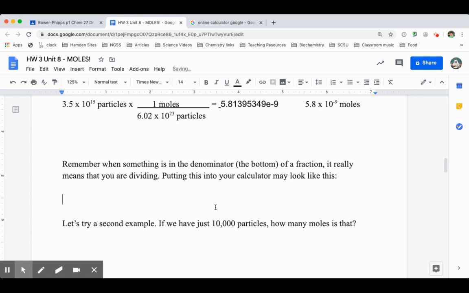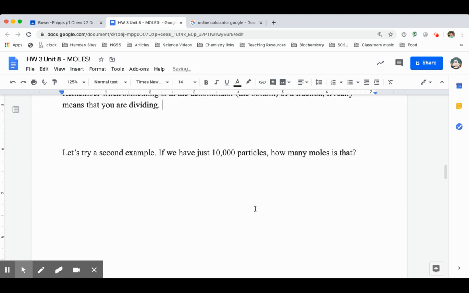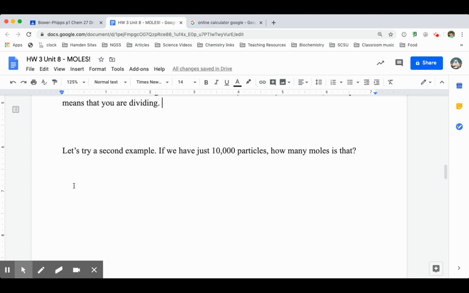What if we have 10,000 particles? How many moles is that? So remember, we can take 10,000 particles, and I know that I want to make the particles go away, so I'm going to put moles in the top and put my 6.02 times 10 to the 23rd particles in the bottom.